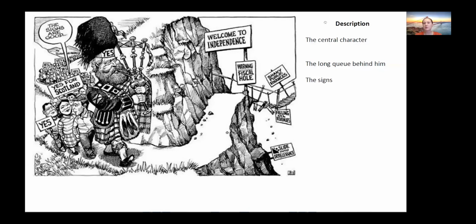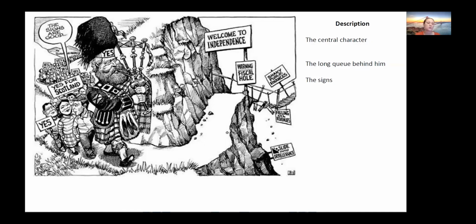The landscape is also important here to take into account since it seems to be happening in the mountain. So it's a very narrow, steep road that these people and the central character are taking. On the right side, you can see some rocks falling from the mountain.